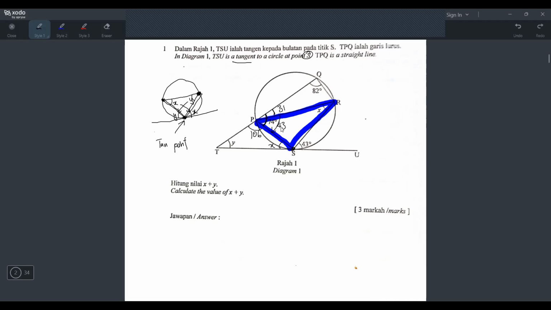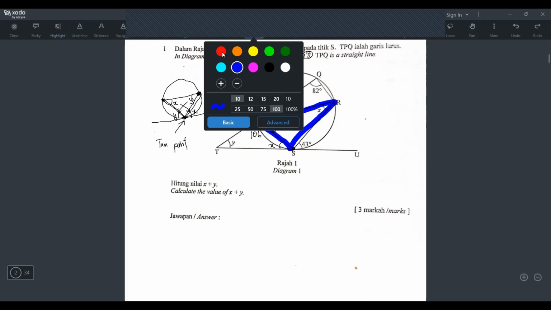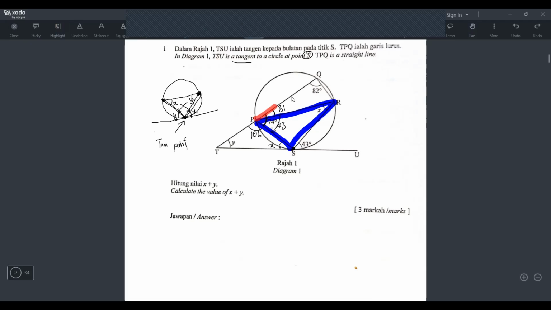Okay, what's next? If you look carefully here, there's a cyclic quadrilateral. What is a cyclic quadrilateral? Siapa ingat? I will highlight it for you. So cyclic quadrilateral, let's use red color. Cyclic quadrilateral is here, here, here, here. It means if inside the circle there's a quadrilateral, all the vertices have to be on the side of the circle.